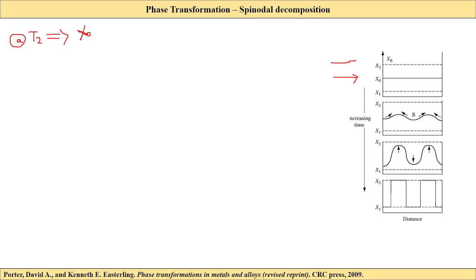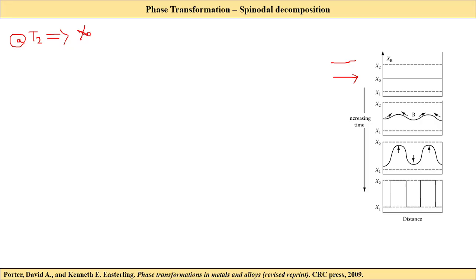So that's why we are trying to maintain a temperature T2, such that we are giving enough time for the migration of atoms, at least for atoms to migrate along the surface, such that they form two different phases, alpha 1 and alpha 2 of different composition.